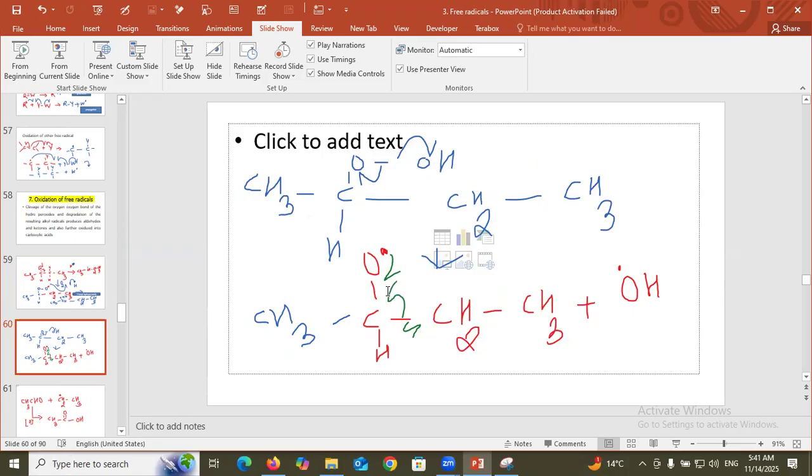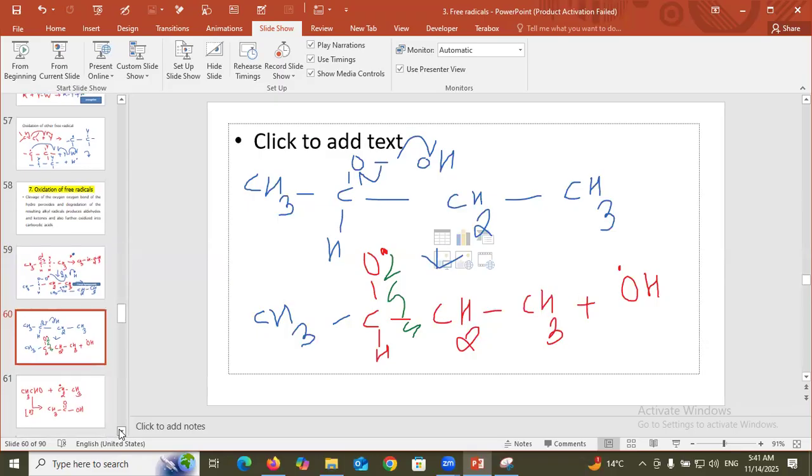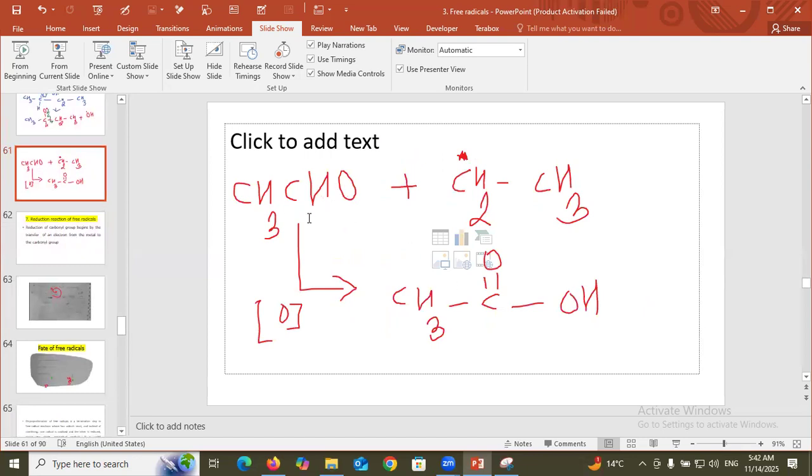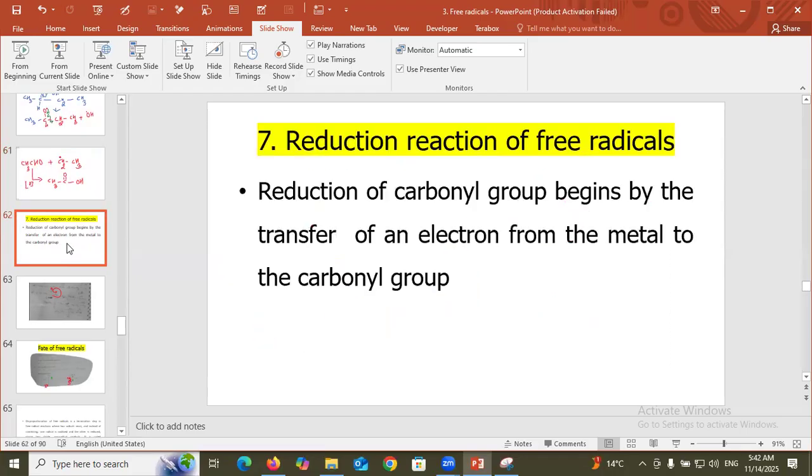Again, this free radical moves here, and this covalent bond's single electron moves toward this, and this part is removed. So it produces this aldehyde, ethanal, and again further oxidation of this ethanal produces carboxylic acid.